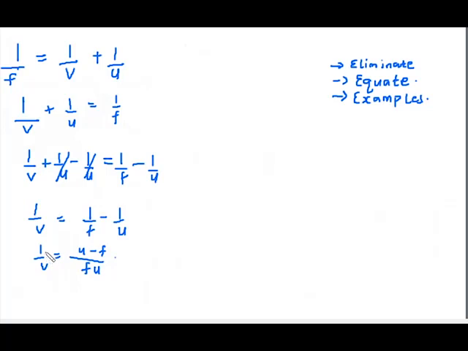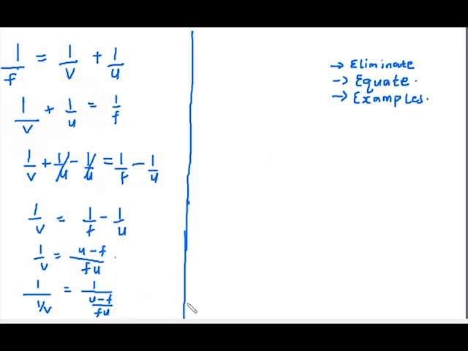So if we are taking the reciprocal of this one, we are going to be taking the reciprocal of this one. So anything we did here would have to be applied here. So the reciprocal of this is simply 1 over v, which is equal to 1 over u minus f over fu. Now this becomes 1 divided by 1 over v, which is equal to 1 divided by u minus f over fu.